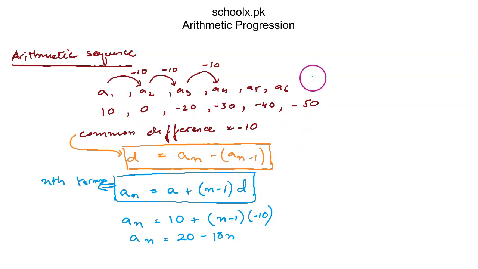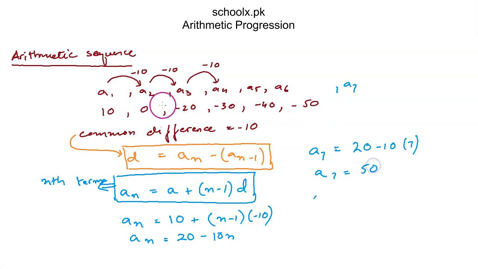So let's say I want to find my seventh term, A7. I'll put 7 in this formula in the place of n: 20 minus 10 times 7. So this will give me negative 50. Wait a minute. This is A1, A2, A3, A4, A5, A6.